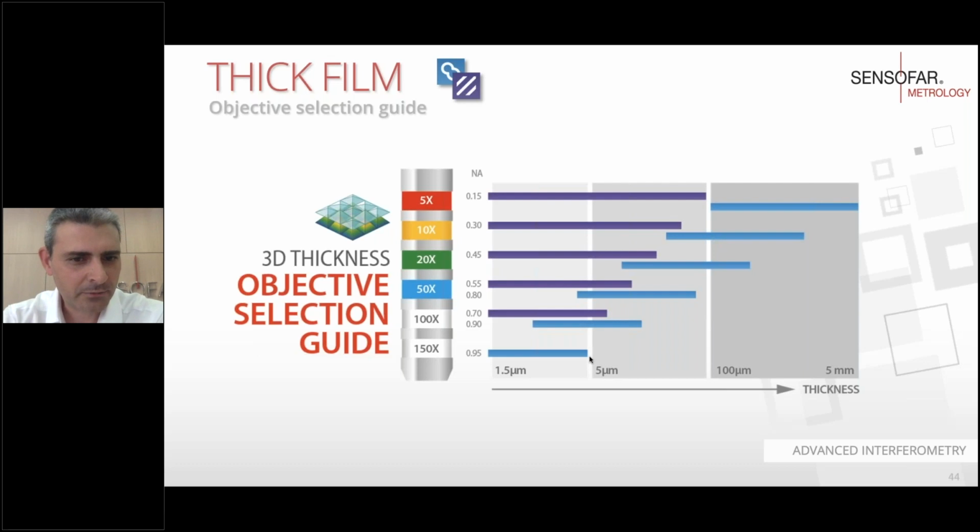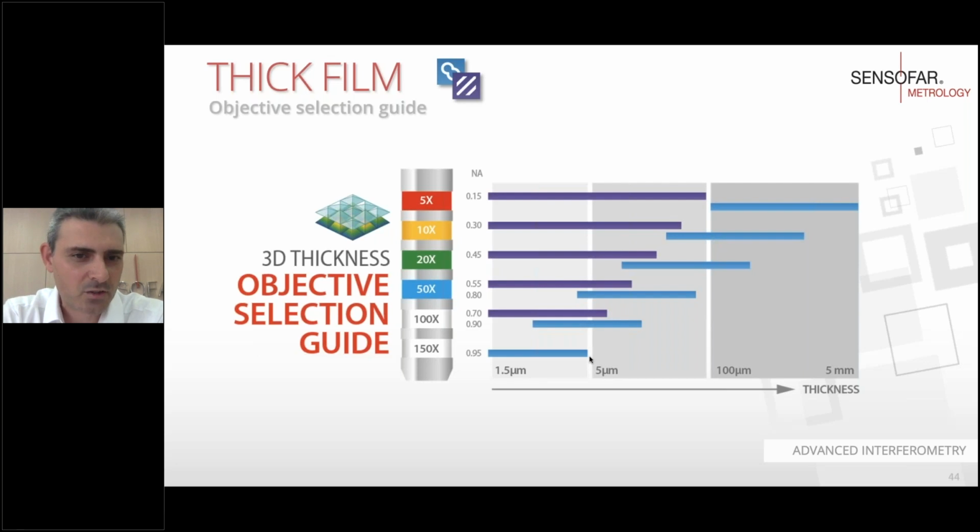So for instance, with 150x, if we are focusing through a transparent material that is 5 micron thickness, it is really difficult to see the reflection on the substrate, it's very dim. So 100x or 50x are not able to measure so thin because the numerical aperture is lower, but on the other side, we are able to measure thicker because the signal is still usable.